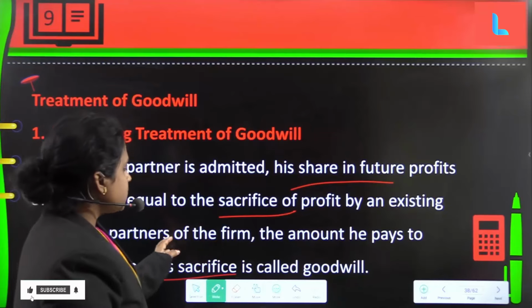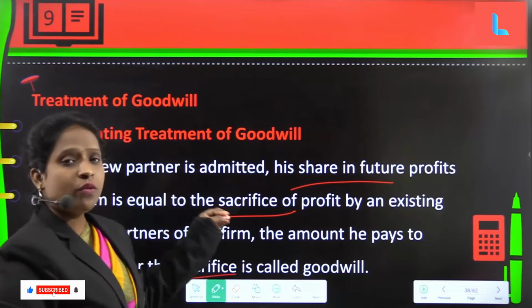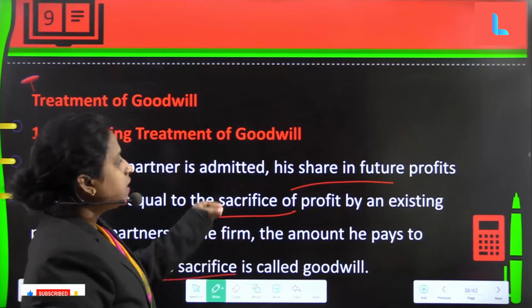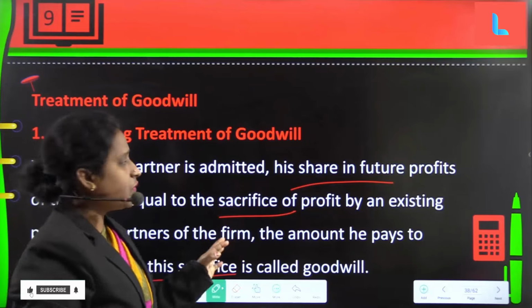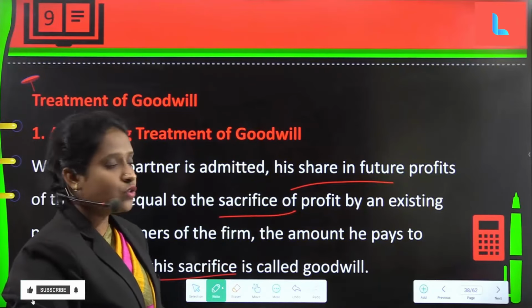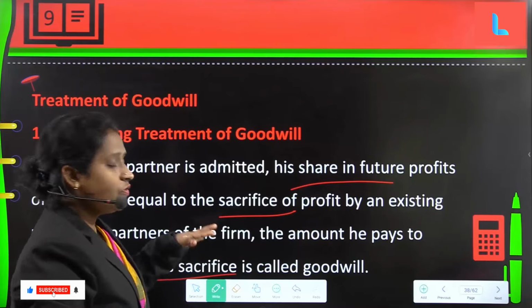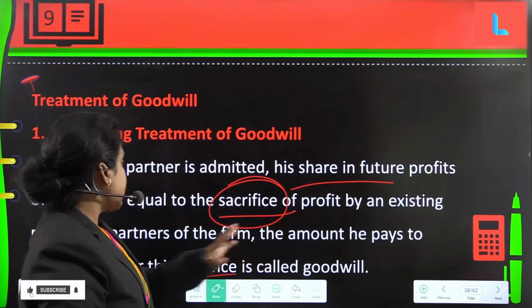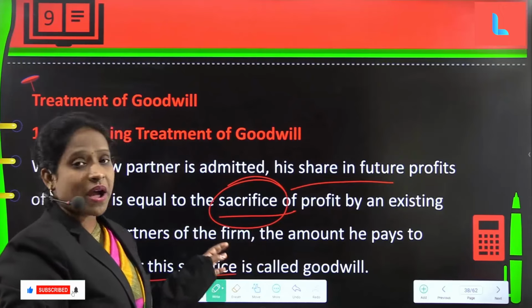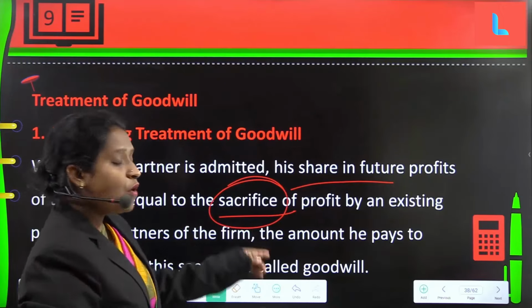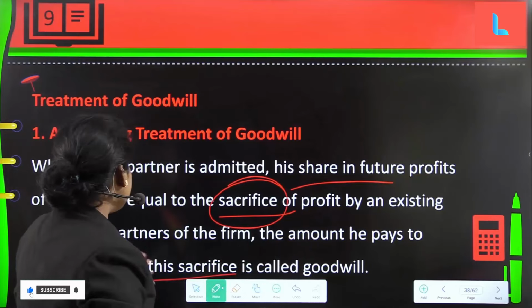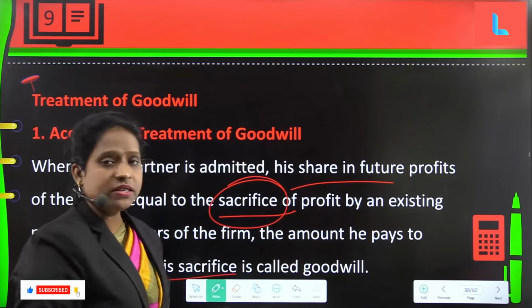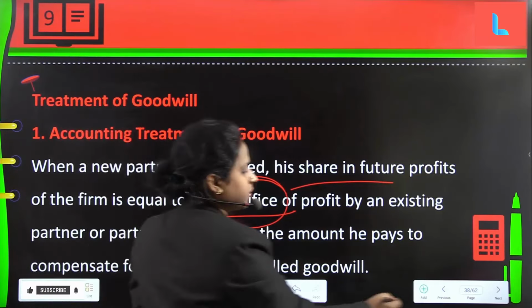So what we have to understand about goodwill is that when a new partner is admitted to the existing partnership firm, the amount that he pays to compensate for the sacrifice is what we call goodwill.